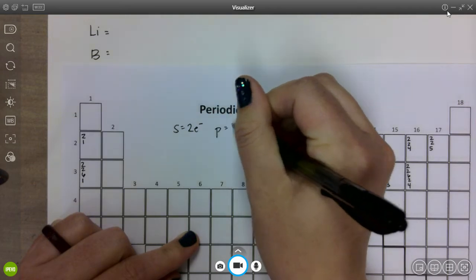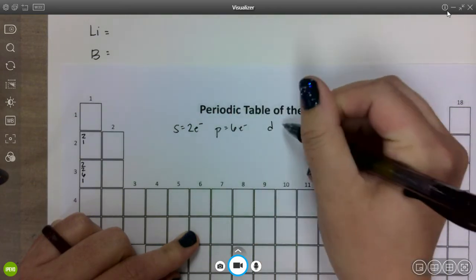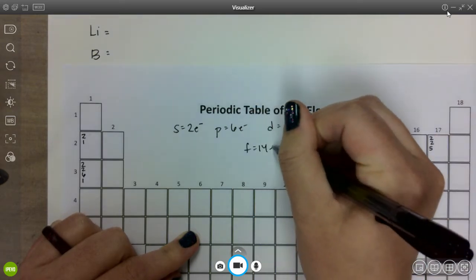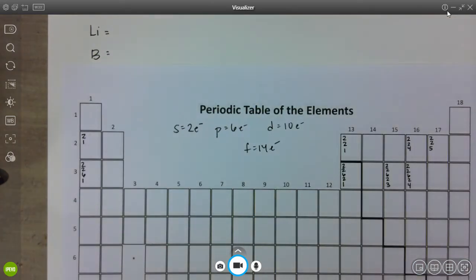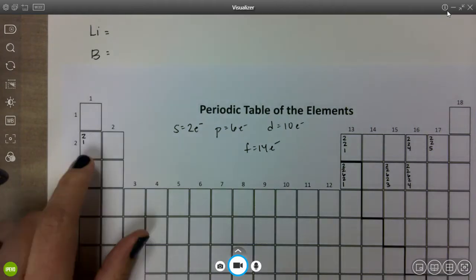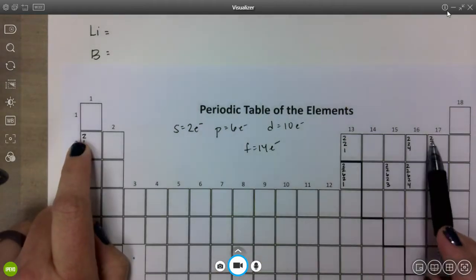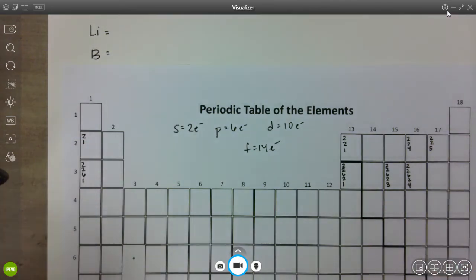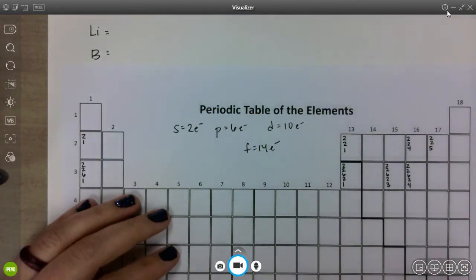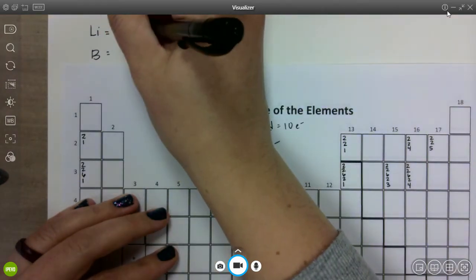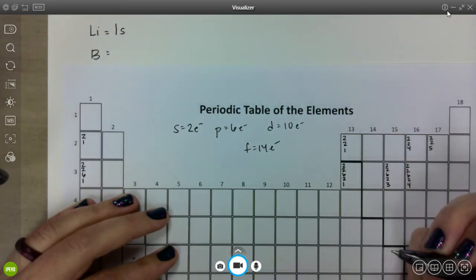Again, P is 6, D is 10, and F is 14 electrons. So I'm hoping you can pick up the pattern, that this first subshell that shows up for all of them must be an S shell. And the name for that very first S shell, it's very creative, is the 1s shell.